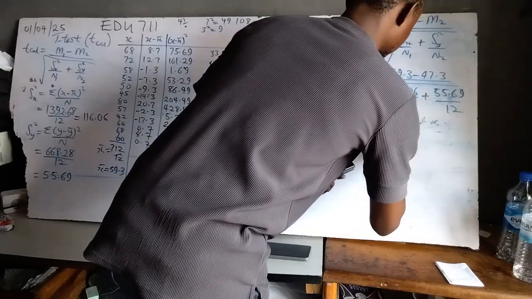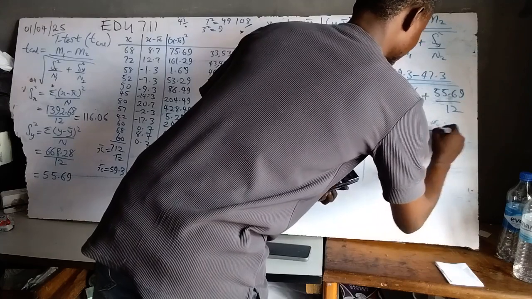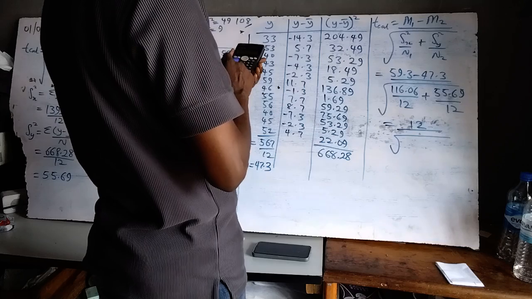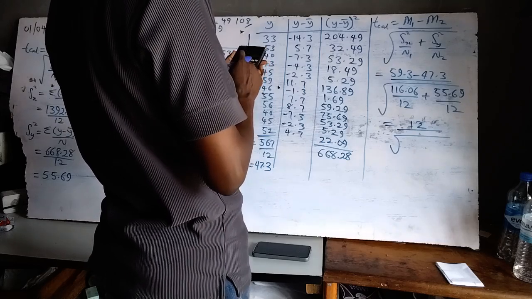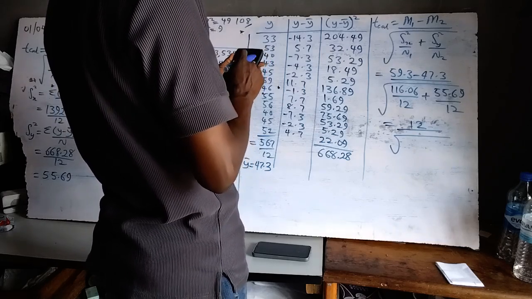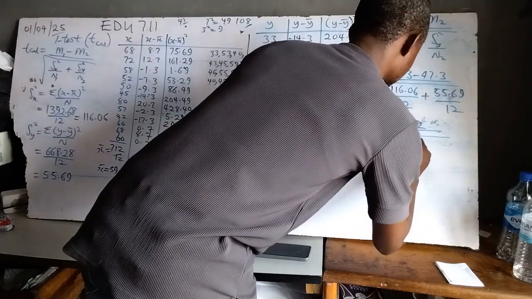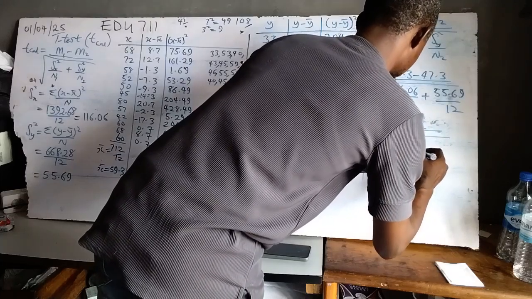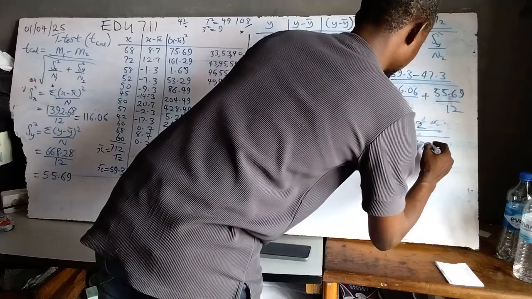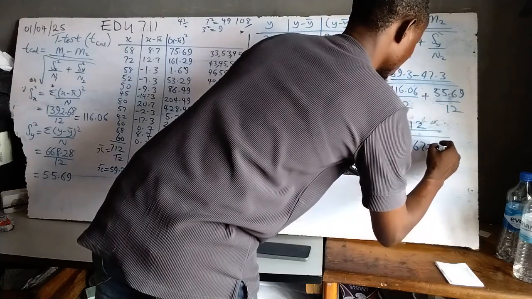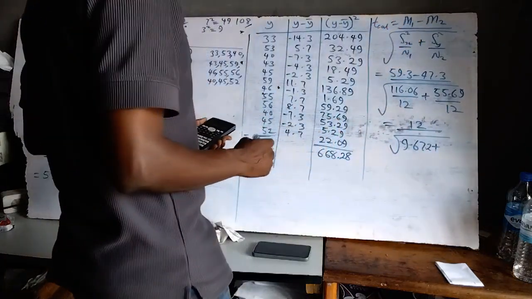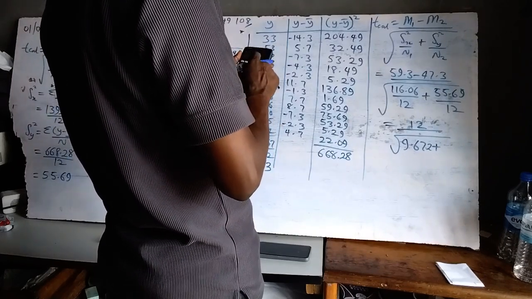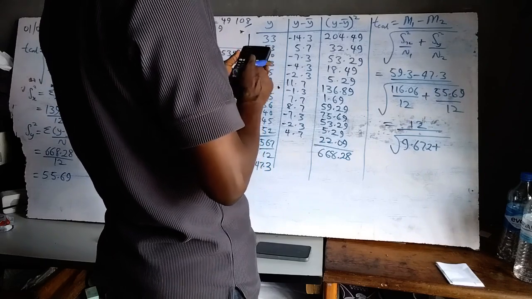So we have this equal to 12 divided by the square root of 116.06 divided by 12. That gives us 9.672, plus 55.69 divided by 12.